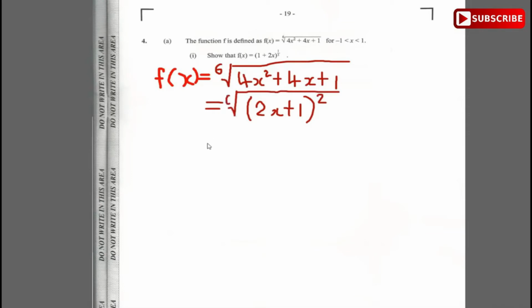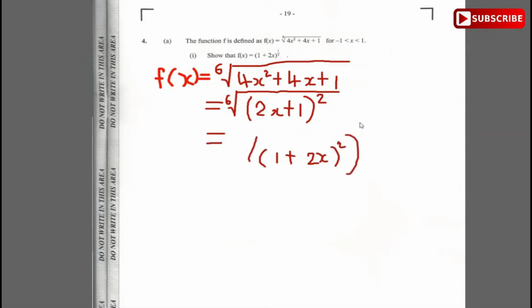Now remember, by laws of indices, addition is commutative, so we can reorder that as (1 plus 2x) being squared. And then the 6th root can be written as raised to the 1/6 power.